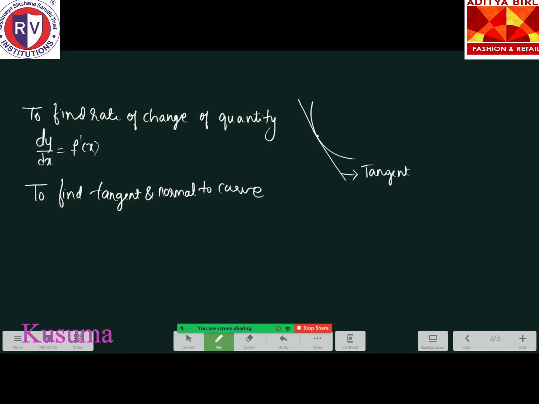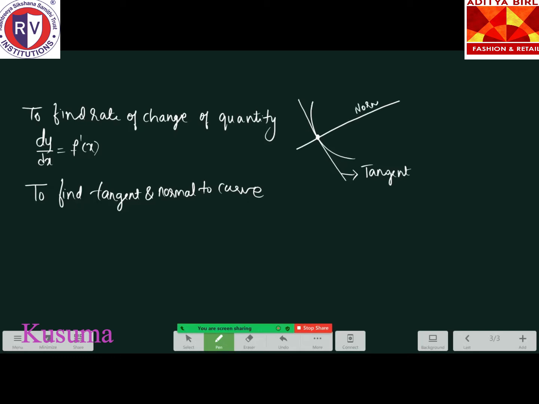If I ask you to draw a normal to this, how will you do it? At this point I want to draw a normal to the curve, how do you draw it? What angle does the normal make with the tangent? Perpendicular. Yes, normal to the curve will be the perpendicular to the tangent at that particular point.